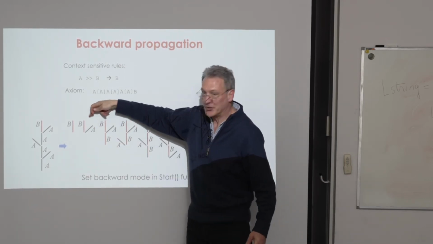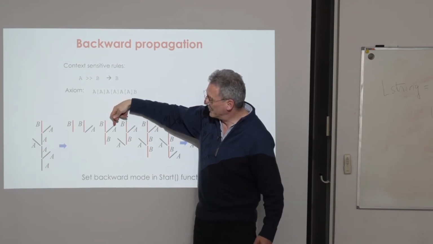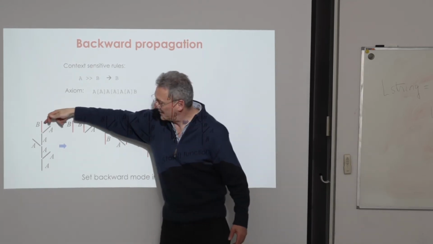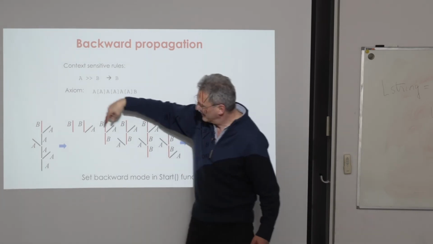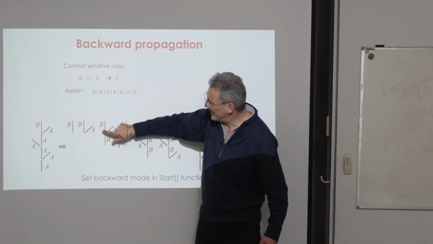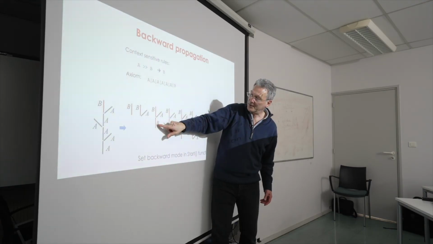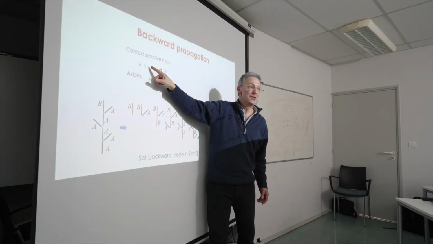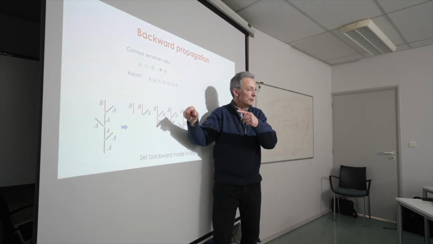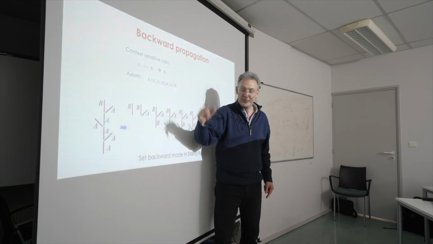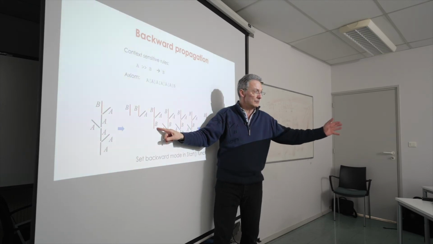So this was not changed. The B and the A are here exactly as in the beginning. Now the A that was here, this one, can be transformed according to this rule, because in the right context of this A there is a B. So I go exactly as before.